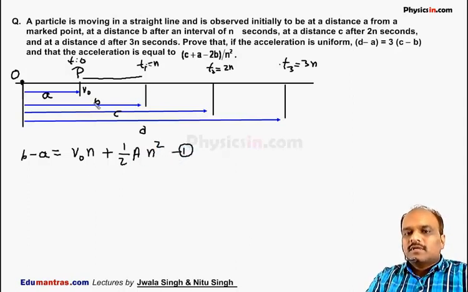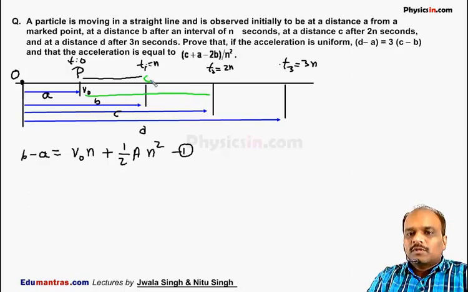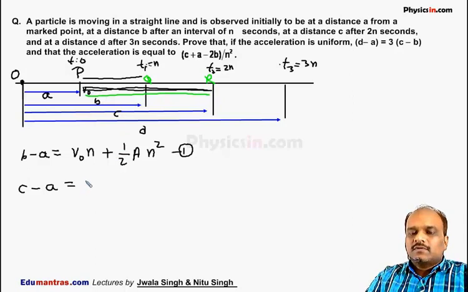In the same way, for this interval, let this point be q, let this be r, from p to r, c minus a is this distance. We can say c minus a is equal to v naught and time is 2n, plus 1 by 2 a into 2n whole square.